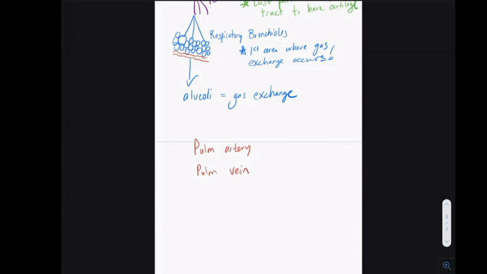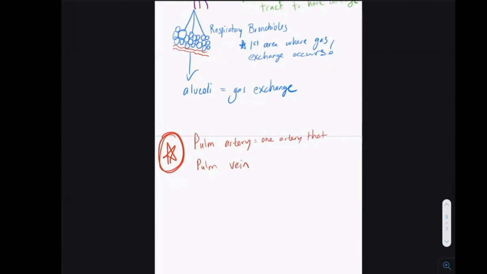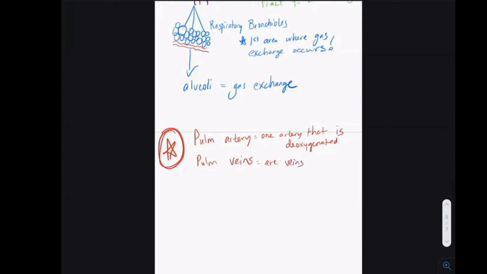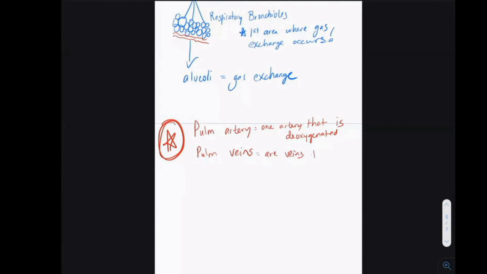Okay, so I'm going to just put a star by this because this is high yield. The pulmonary artery is one artery that is deoxygenated. All right, whereas the pulmonary veins are veins that are actually oxygenated.